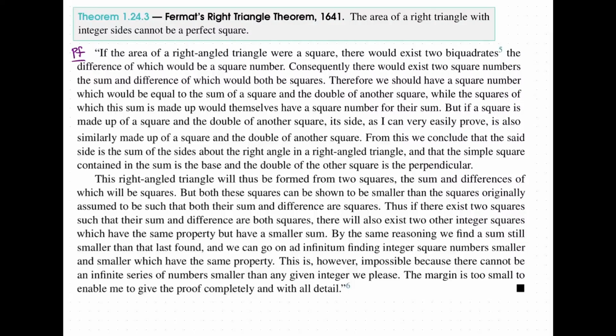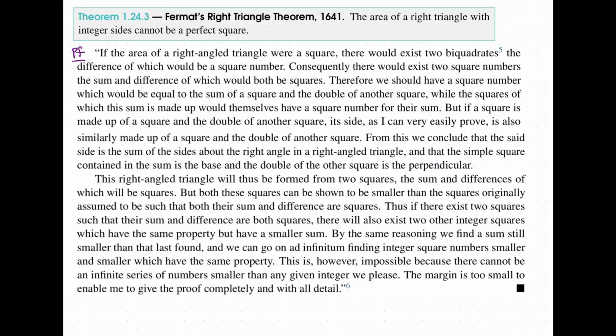So he starts off by saying if the area of a right triangle were a square, there would exist two biquadrates, and this just means two perfect fourth powers, the difference of which would be a square number. And that's something that needs to be shown, and Fermat did not show it. And so you'll be tasked as part of your guided homework with proving this statement.